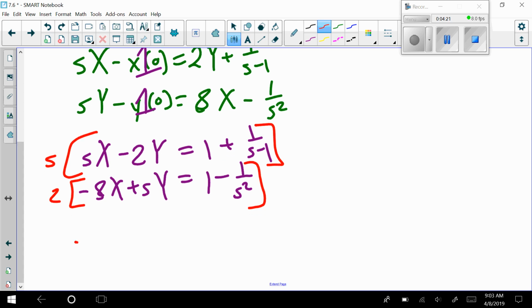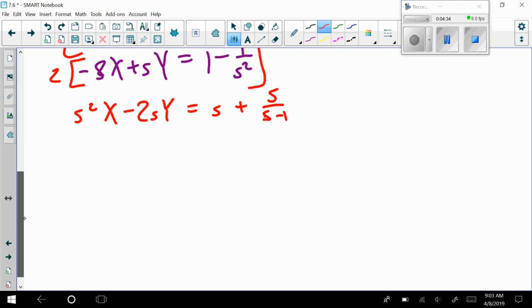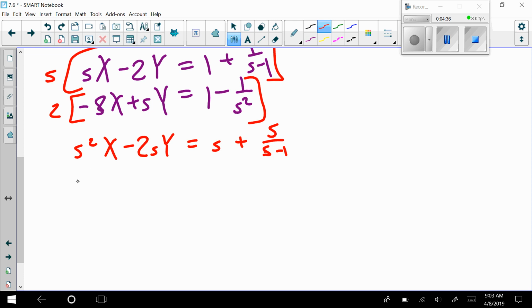When I multiply this through, I'd have s squared X minus 2sY equals s plus s over s minus 1. This bottom part, I would have negative 16X plus 2sY equals s minus 1 over s squared.